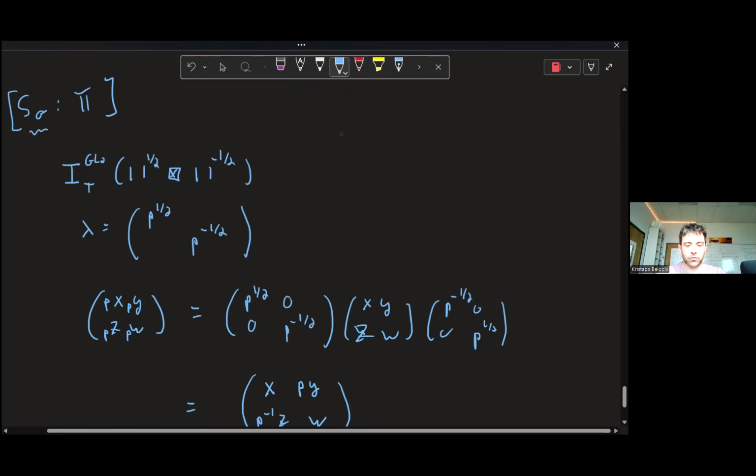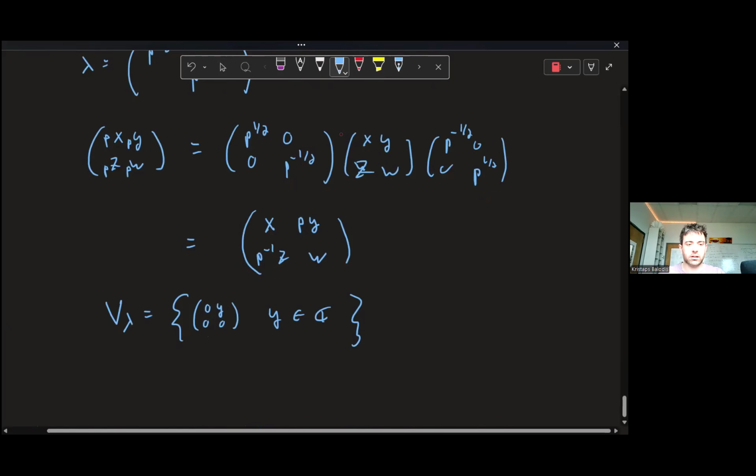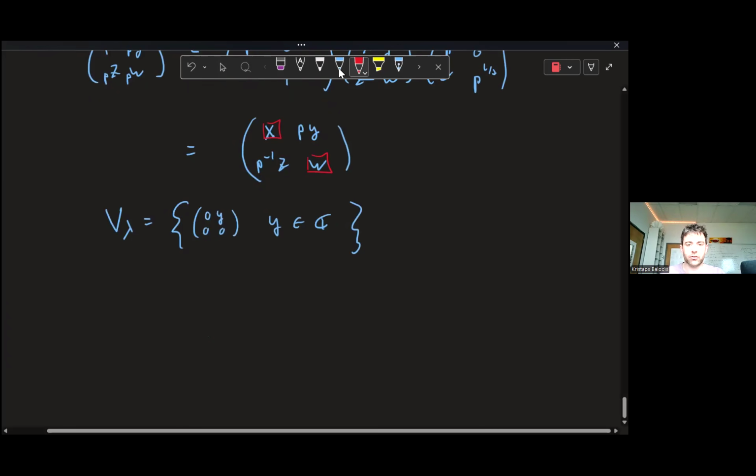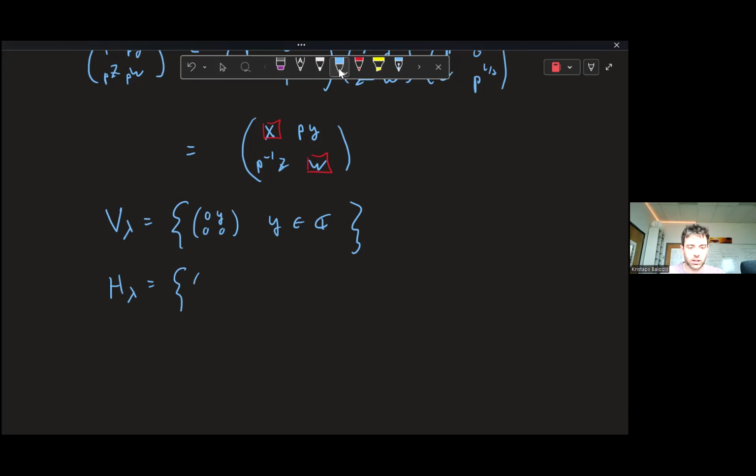So from this same computation, we can see that that would only be the diagonal elements. And since these are invertible matrices, in this case, H lambda is the group of diagonal matrices S and T, as S and T range over all non-zero complex numbers.